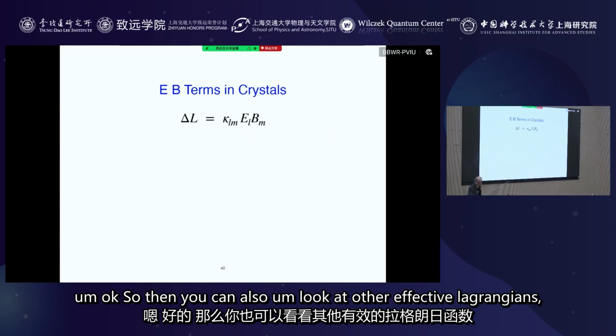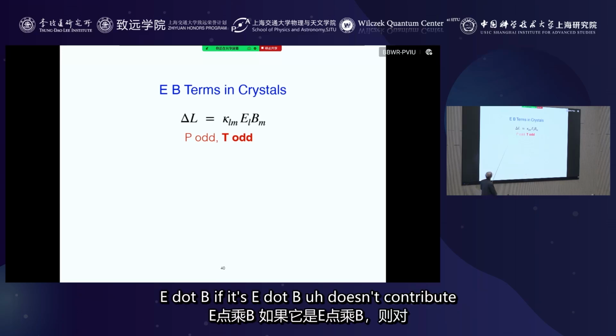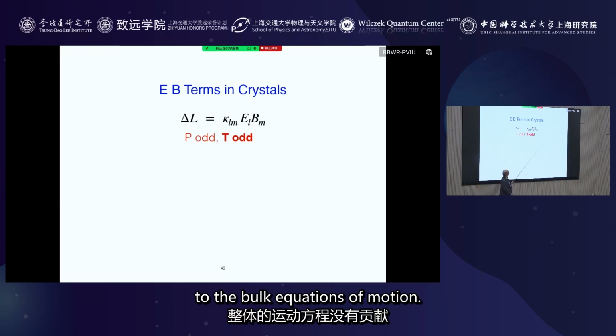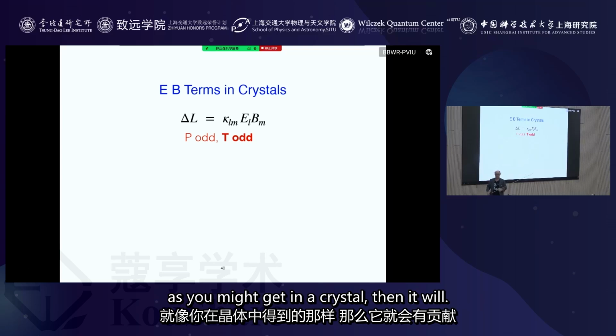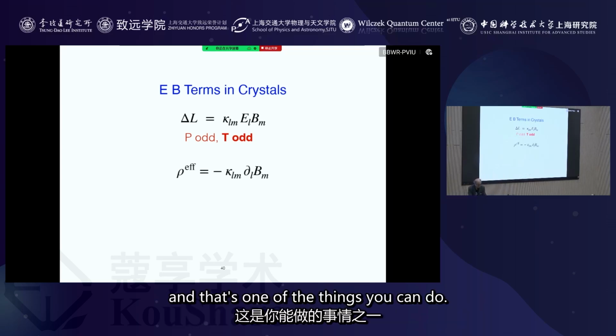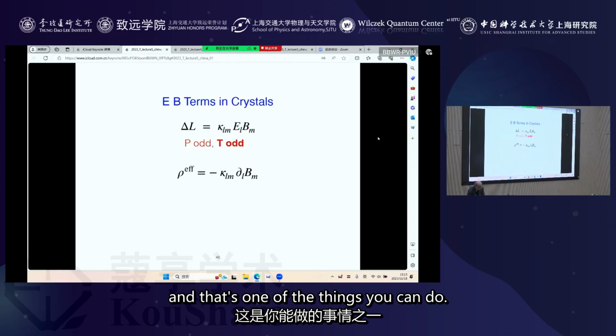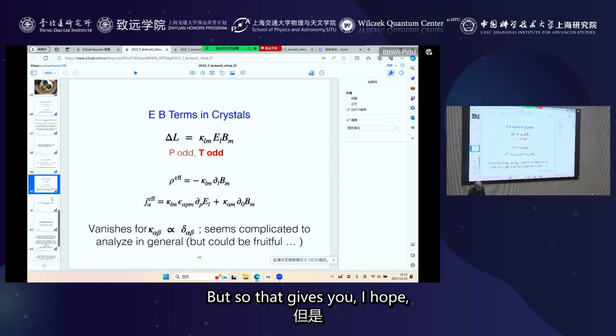Okay, so then you can also look at other effective Lagrangians. E dot B doesn't contribute to the bulk equations of motion, but if it's not E dot B but a more general tensor form, as you might get in a crystal, then it will. That's one of the things you can do.